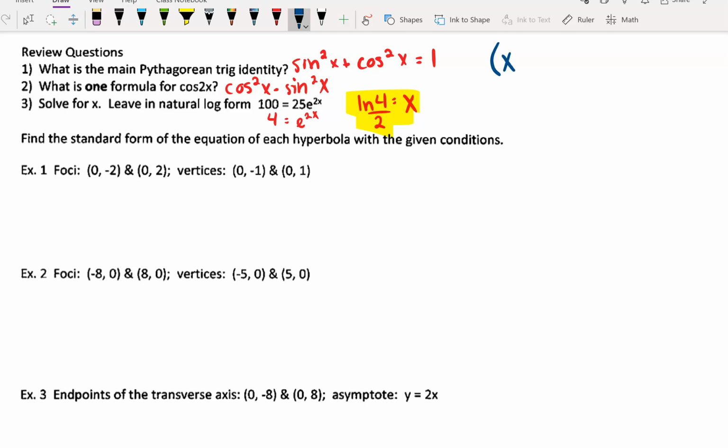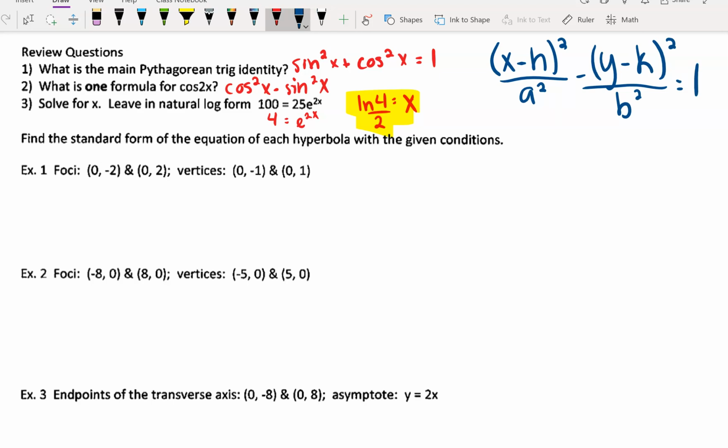Got x minus h squared over a squared minus y minus k squared over b squared equals 1, or it could be written the other way around with the y's first. So this top one that I have written is a horizontal. This one would be a vertical.